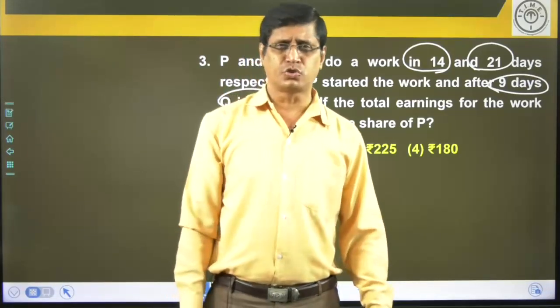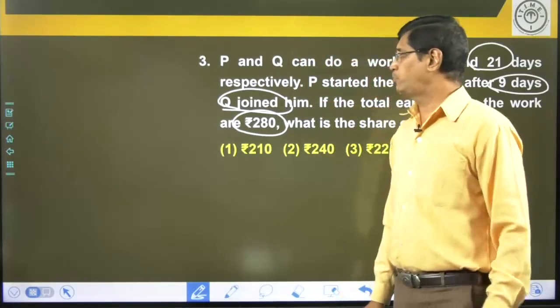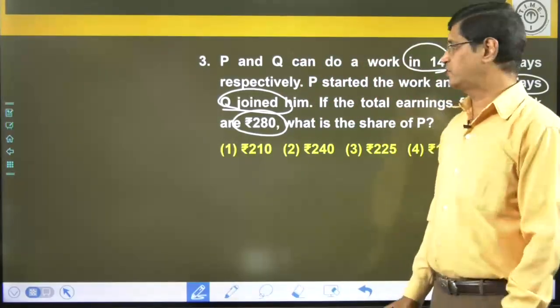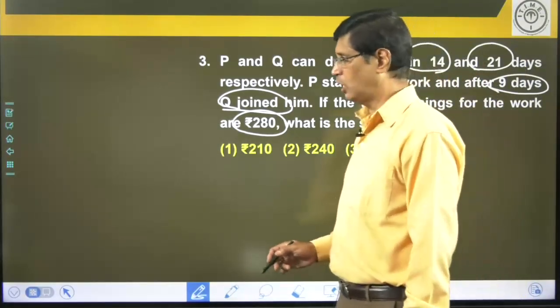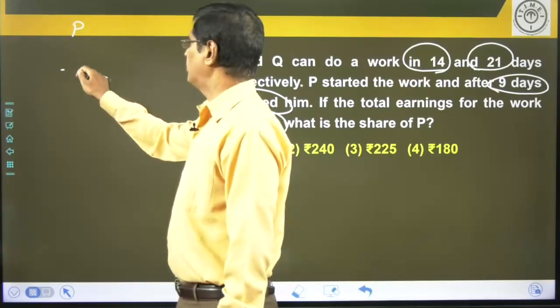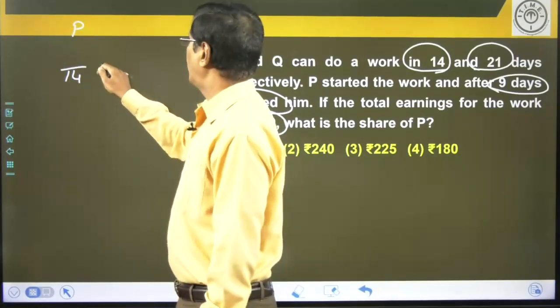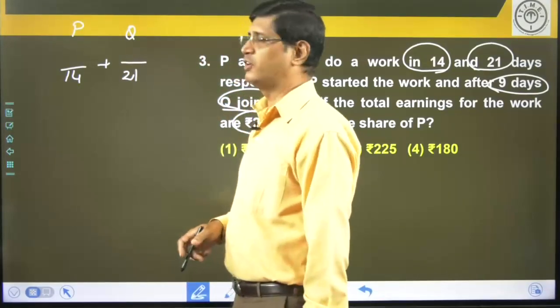If you observe this question carefully, here P started the work, and Q joined after 9 days. So, in 1 day, P can complete 1 by 14 and Q can complete 1 by 21 part of the work.